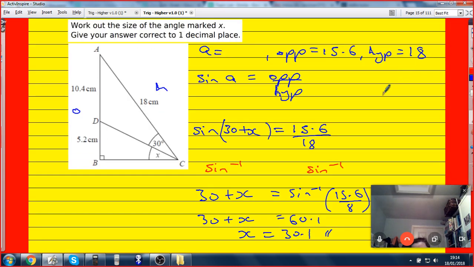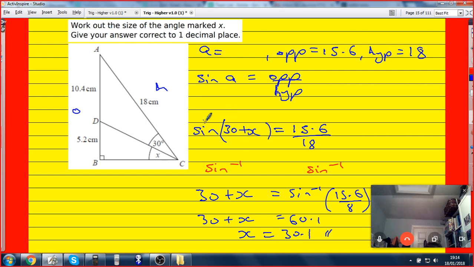Any questions about anything there? No, so you just have to do the opposite to get there. So you leave the 30 on that side and then get rid of that towards the end. To get rid of sine you do inverse sine, to get rid of cos inverse cos, to get rid of tan inverse tan. What was difficult about this one is there are 2 things in the bracket.